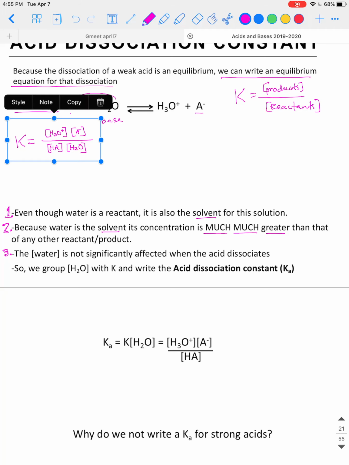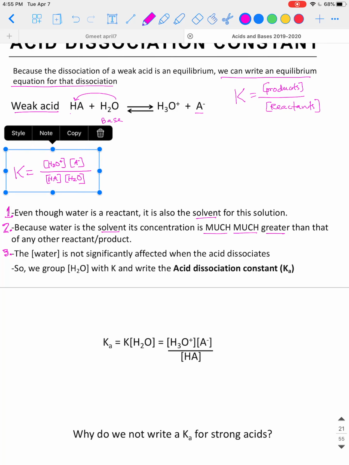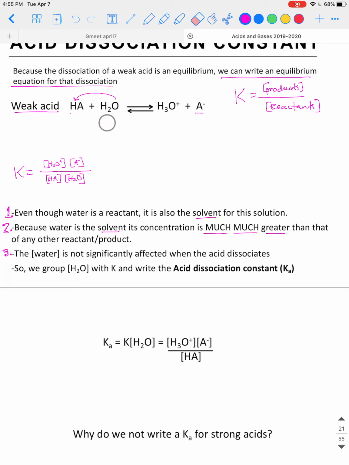So, for example, I'm going to move this down here. If we wrote out some concentrations, let's say our concentration of the acid, remember we write concentrations with units of molarity. Molarity being moles of solute over liters of solution.